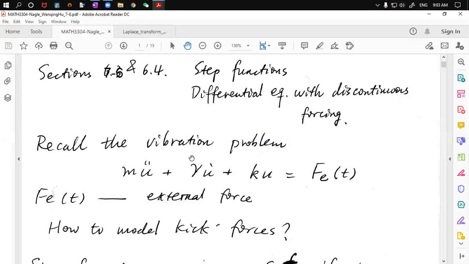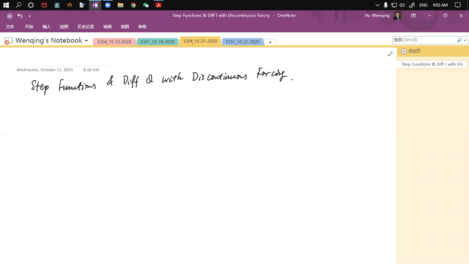Well, imagine that you are going to consider the vibration problem. We've been talking a lot about the vibration problem before.